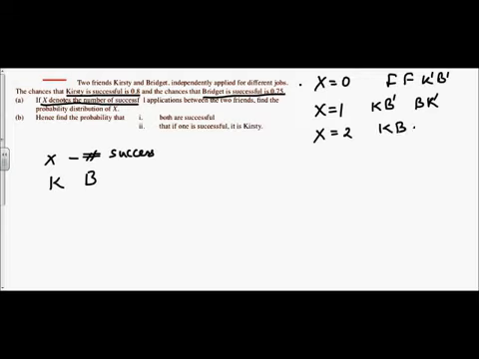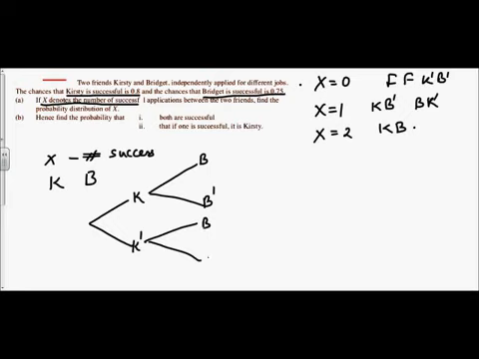Okay, now let me draw the tree diagram. It's easier in that way. This is for Kirsty and this is for Bridget. Each of them have two options, which is success and failure. Here it is success and failure for Bridget.